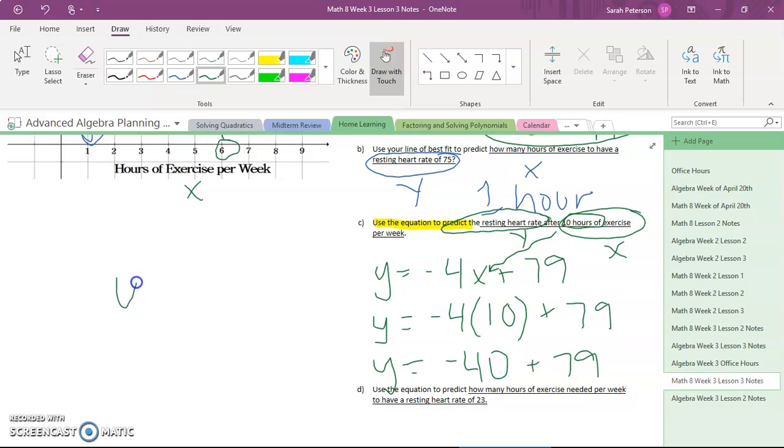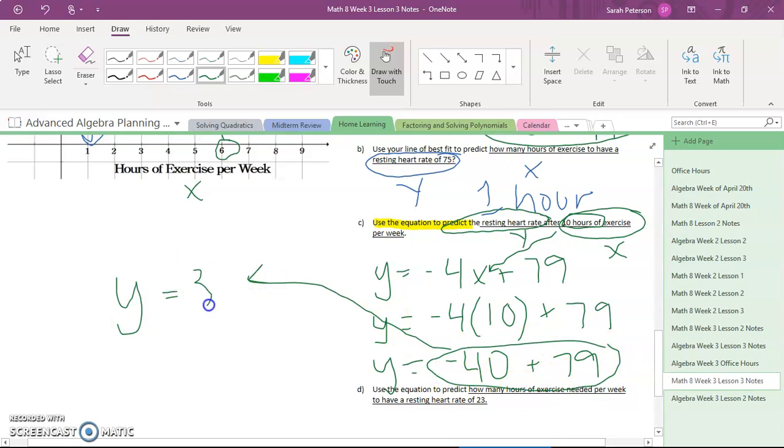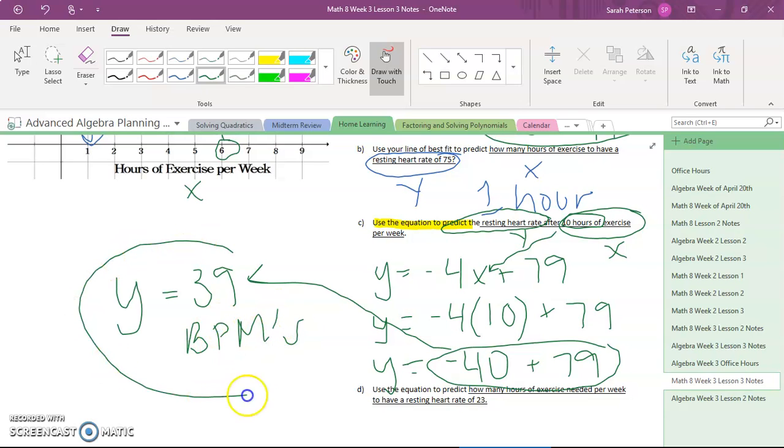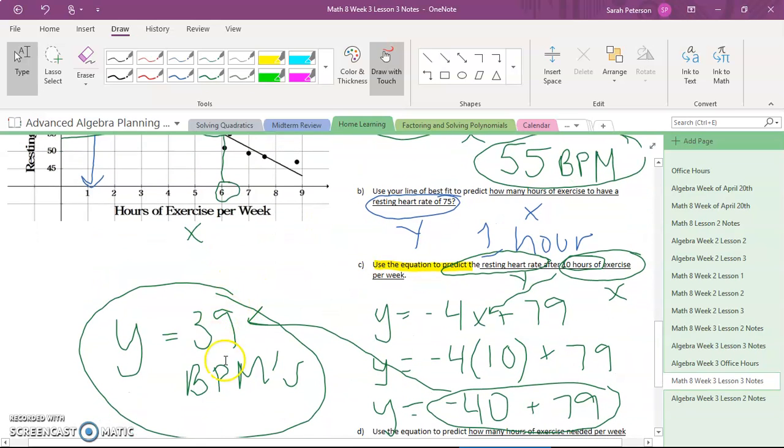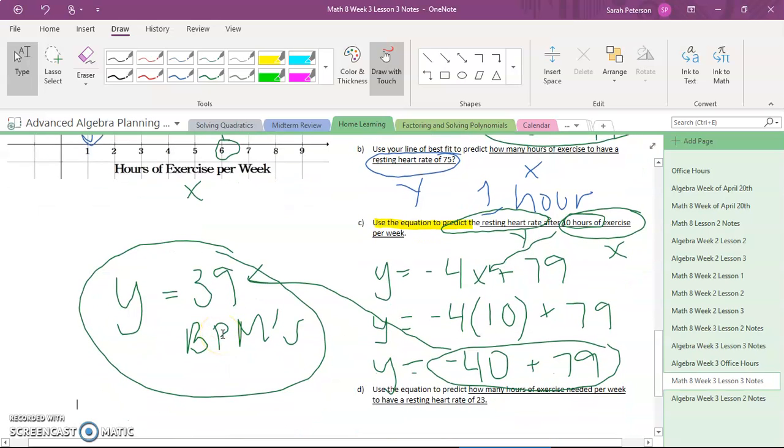So that means Y equals 39. 39 is the resting heart rate, so that's 39 BPMs. So remember, Y stands for resting heart rate. So I just predicted for 10 hours of exercise, which you can't see on my graph, that the resting heart rate will be about 39 beats per minute. Okay? So that's how you would do it if you don't see it on the graph and you have to use your calculator or your equation.